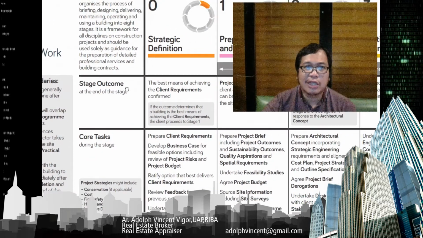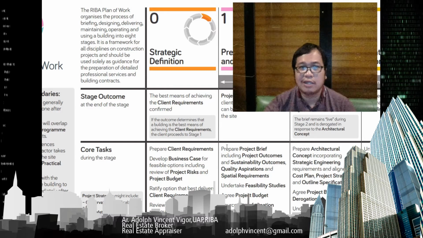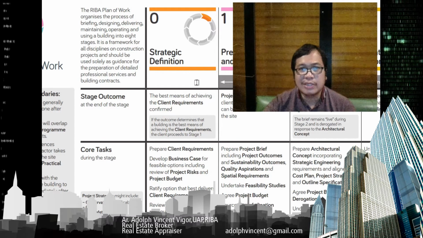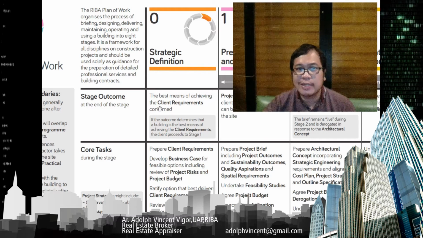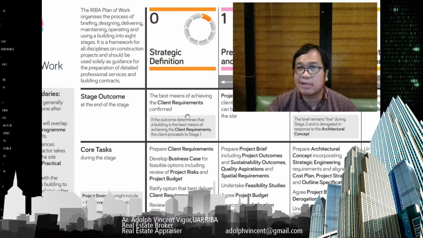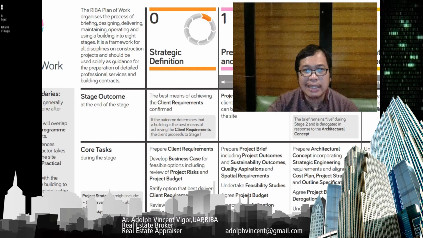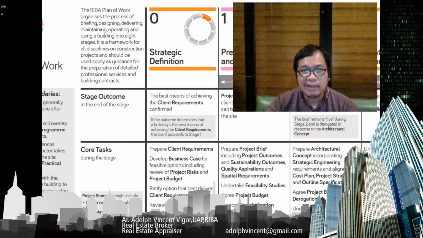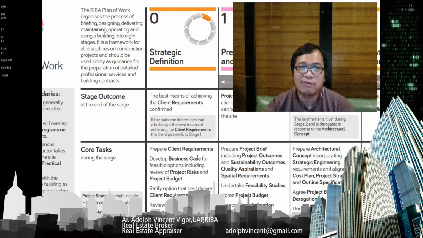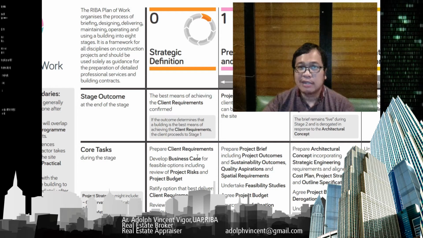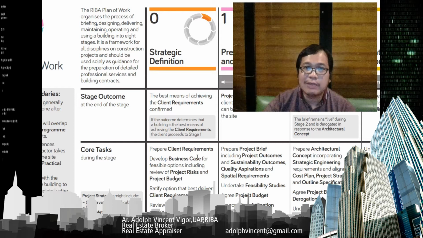Stage zero is the strategic definition. When you say strategic definition, it means the stage outcome should be the best means of achieving the client requirements confirmed. If the outcome determines that a building is the best means of achieving the client requirements, the client proceeds to stage one. So you have to make sure in the strategic definition that the client really needs to make a building.